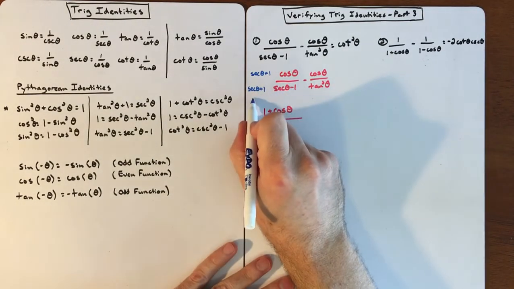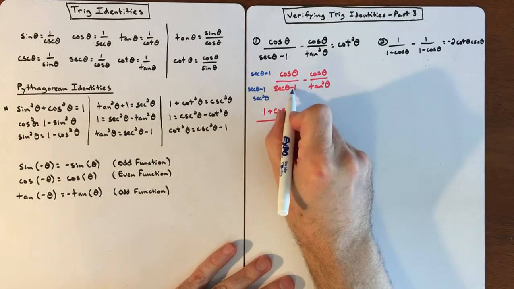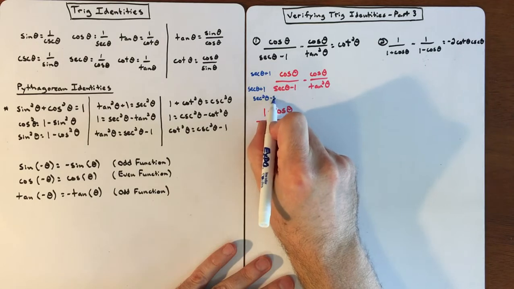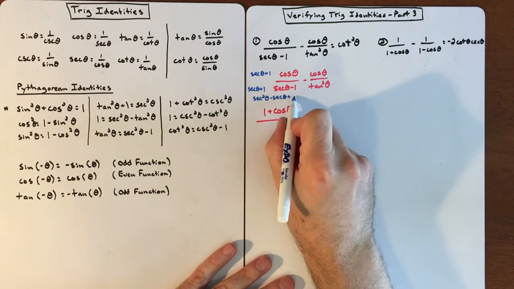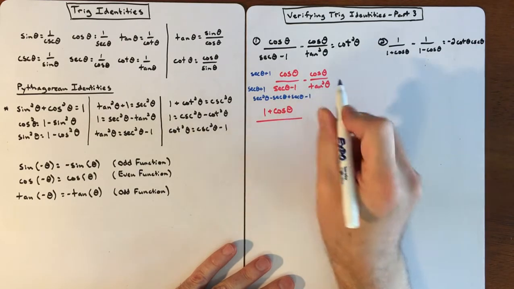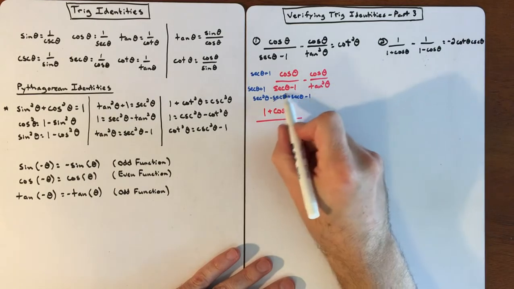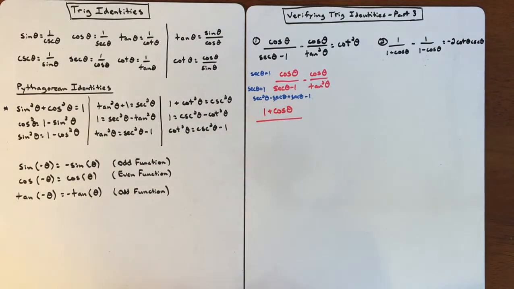You're going to get secant squared, and then minus secant, and then plus secant, and then minus 1. So there's your conjugate, and your middle pieces always cancel on the conjugate. So you got secant squared minus 1.